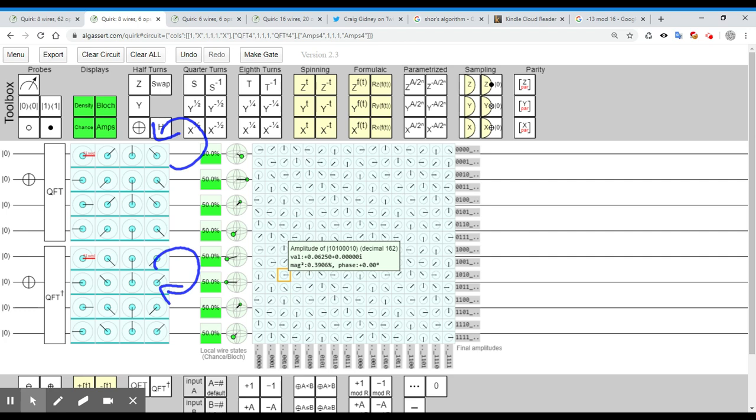Of course. So if you're using the inverse, it's just rotating the other way around.